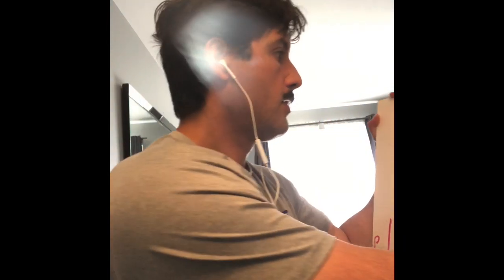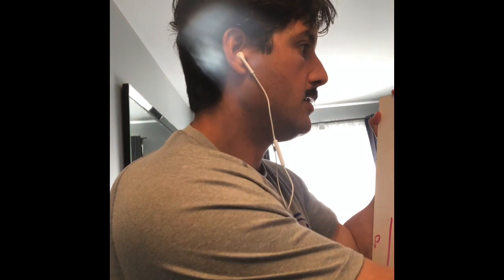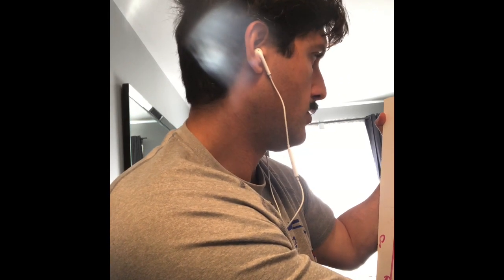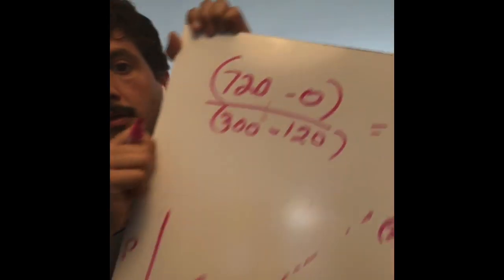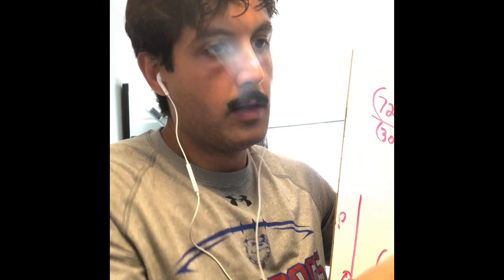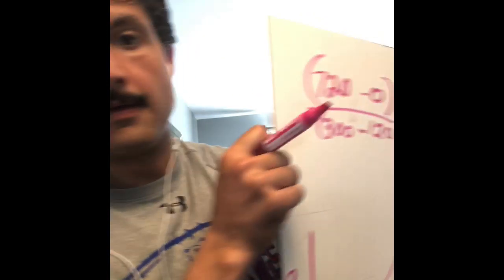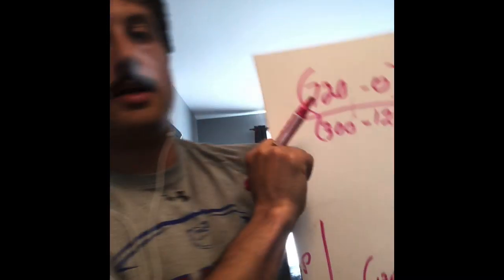That's going to give you 720 divided by 180. So 720 divided by 180, which is equal to $4 per mitten.